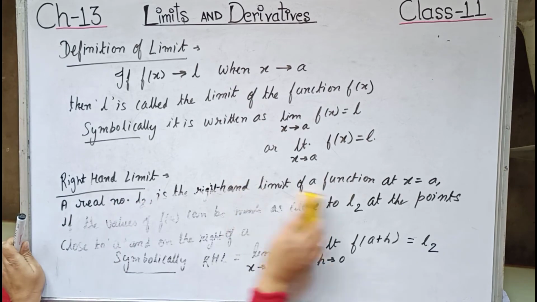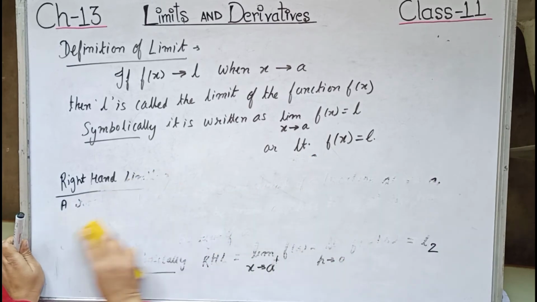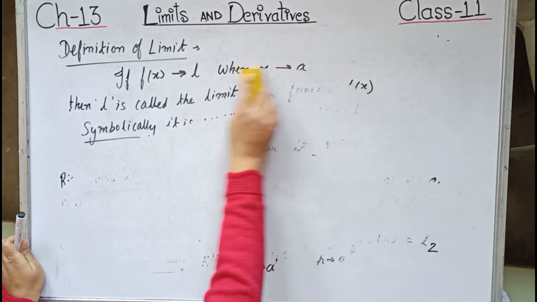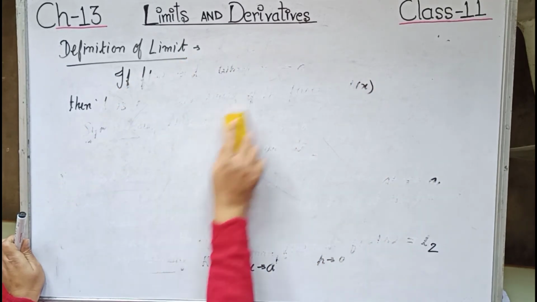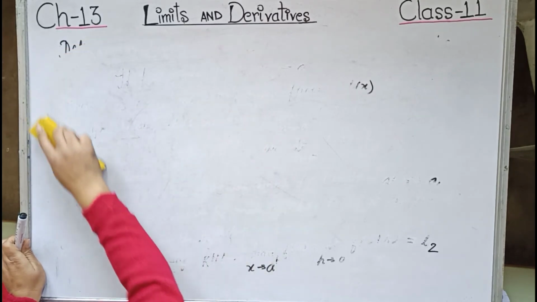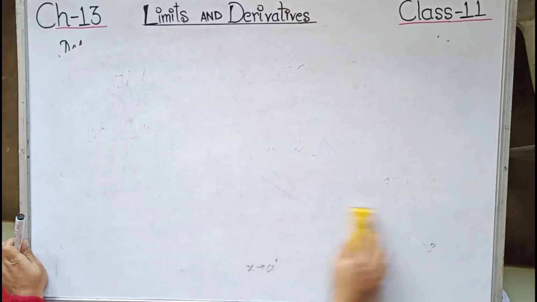Now, existence of limit. Obviously a limit exists if left hand limit equals right hand limit equals the value of the function at that point.